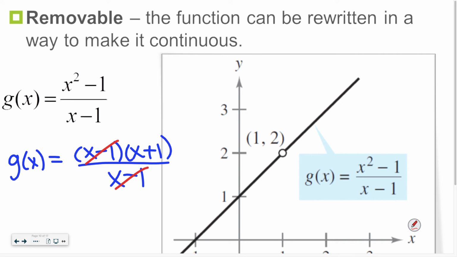Since these factors cancel, I know that there's a hole at x equals 1. So first of all, I know from here I have discontinuity at 1 because it makes our denominator 0. But specifically, since our factors cancel, we know it is a removable discontinuity because it is a hole. Okay? So I'm going to ask you specifically to identify which type of discontinuity, and you need to be able to tell me, hey, it's removable because you know that there's a hole.